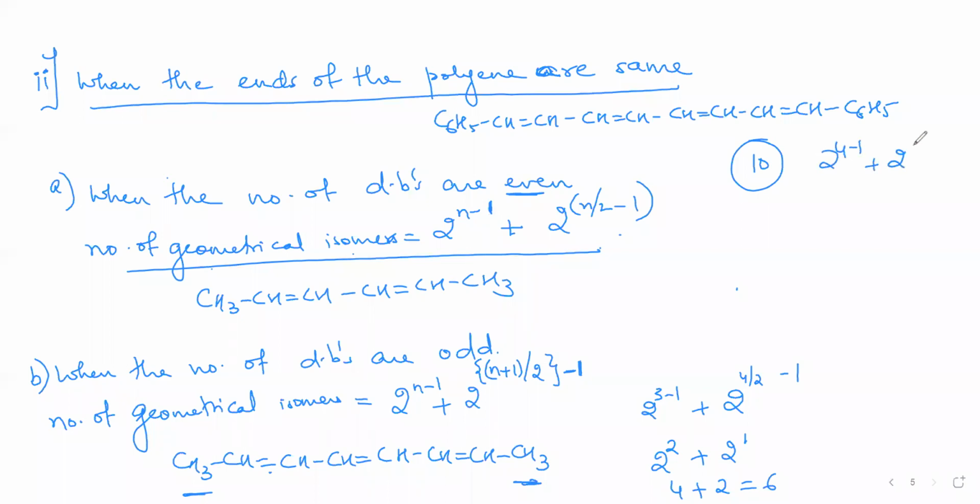Plus 2 raised to 4 by 2 minus 1. So this will be 2 raised to 3 plus 4 by 2 is 2. 2 minus 1 is 1. So this is 8 plus 2. That will give me 10. Are you all understanding?